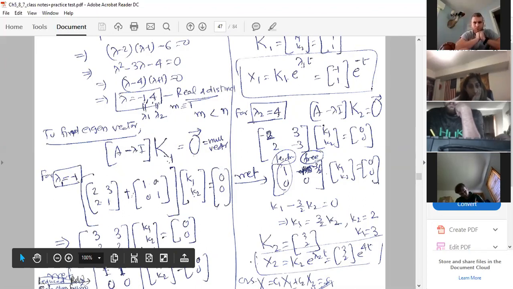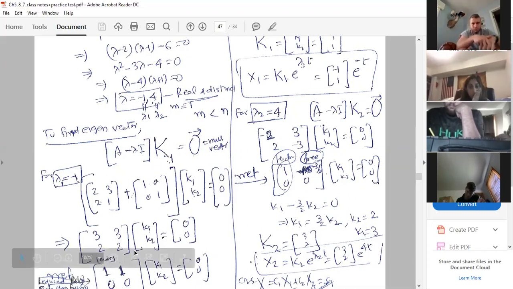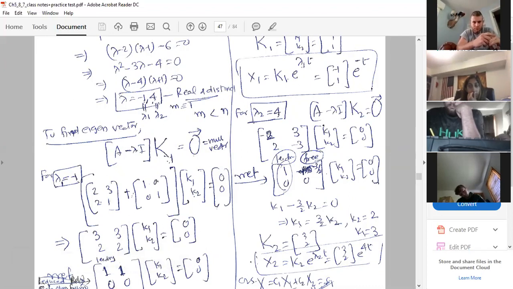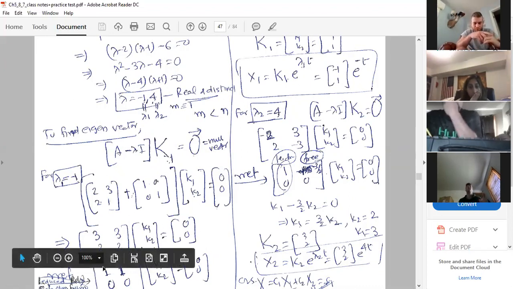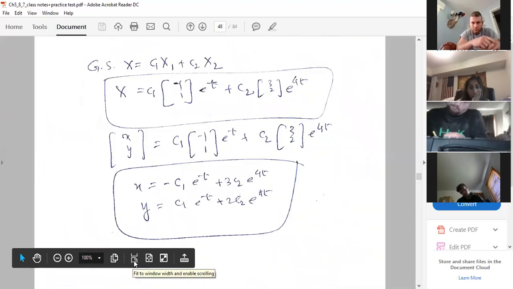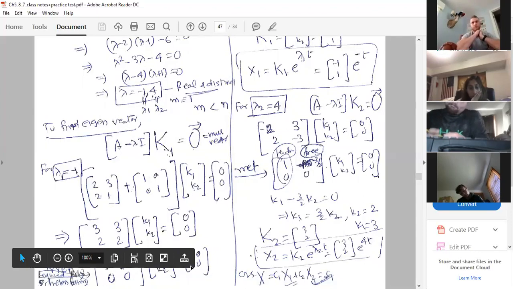My K1 over here, that's the leading element. But K2 is not in the standard form. Standard form means the identity form. I mean to say that 0, 1 form. It is in the reverse form here, 1, 0 form. So my K1 is a leading element and K2 is a free element because that is not in the standard form. So I would say this one is my leading element. This one is my free element.